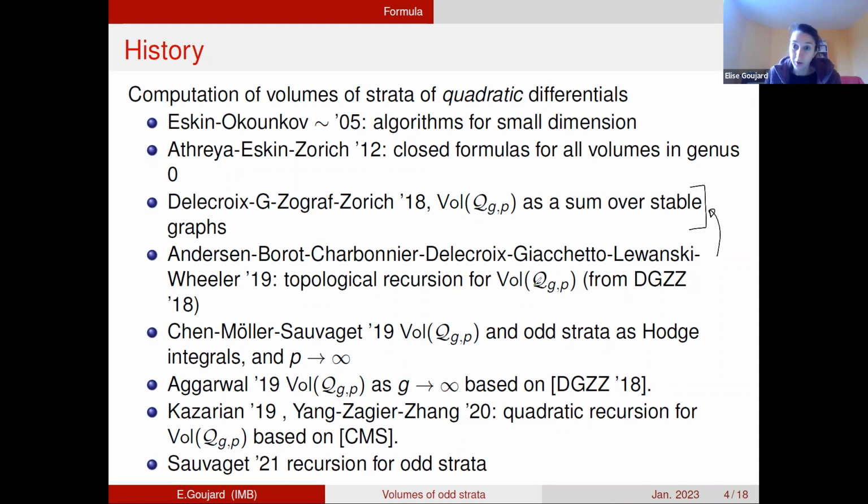There is also work from algebraic geometers, because you can also compute volumes in other ways by looking at the volume form and trying to find algebraic classes that represent this volume form. This is the work by Chen-Möller-Sauvaget, with Witten-Kontsevich. They are able to express this volume as some Hodge integrals.